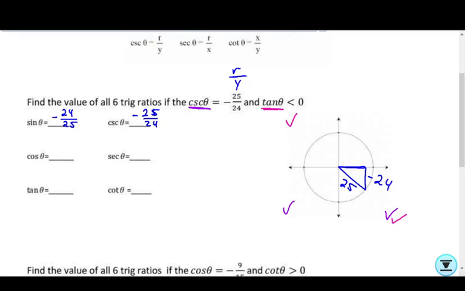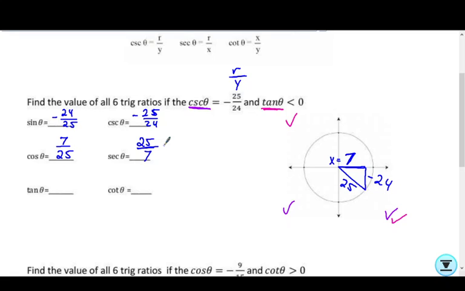So our last side is going to be 7. Now, since I'm in the fourth quadrant, it's going to be positive. So now that I know what x, y, and r are, I can find cosine. So cosine is 7 over 25, which means secant, its reciprocal, is 25 over 7.